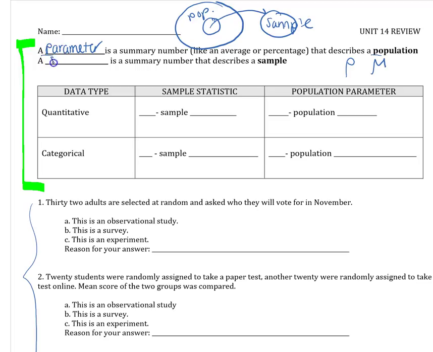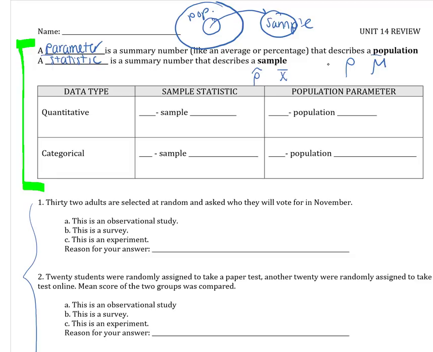A statistic is a summary number that describes a sample. So a p hat is a proportion of a sample, or a sample proportion. An x bar is a sample mean. Now, we use these different symbols depending upon the data we're looking at.